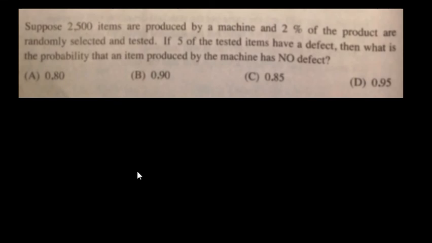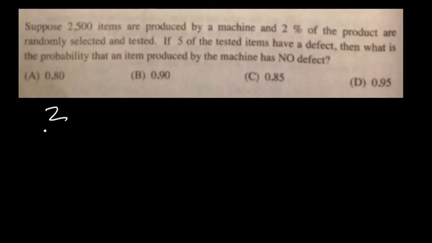Okay, the next question is probability. It says, suppose 2,500 items are produced by a machine, and 2% of those produced are randomly selected and tested. That means 2% of the total has to be calculated: 2 over 100 multiplied by 2,500. For the sample, this comes to 50.